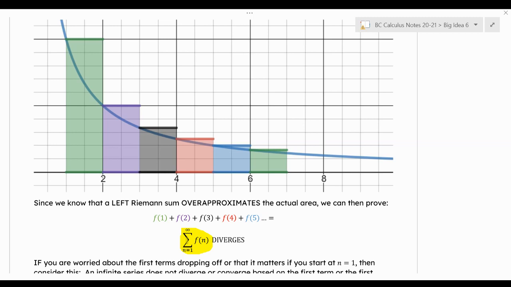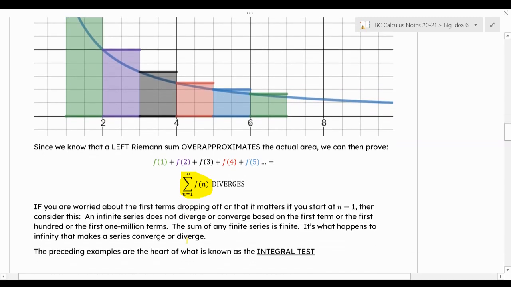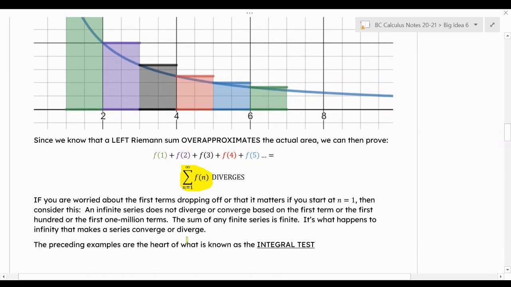So it has to be also divergent, also infinite in size. This is the heart of the integral test. And maybe some of you are thinking that in one of those we started at 2 and in one we started at 1. It really doesn't matter about the first few terms, like the first term or the first 6 terms or the first 100 terms.